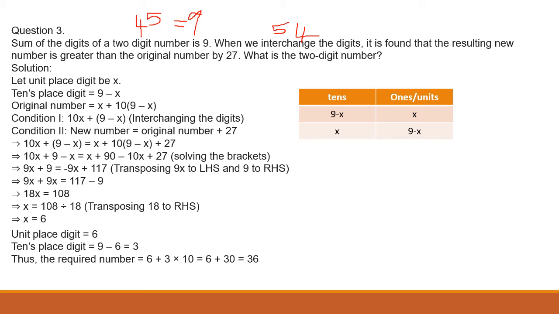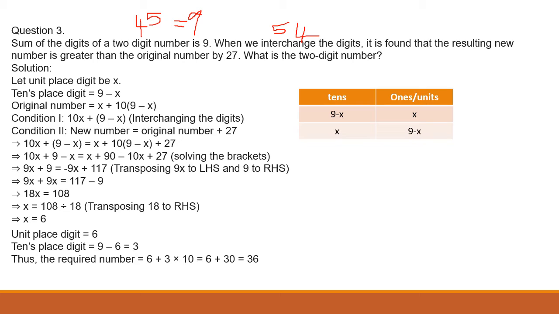Then we want to find which is the 2-digit number. What is that 2-digit number? Children, here we don't know the number in the 1's place and in the 10's place. So let the units place digit be x. You know, in a 2-digit number there are 2 places, the 1's place and the 10's place. We can also say units place and 10's place. Children, let the units place digit be x.